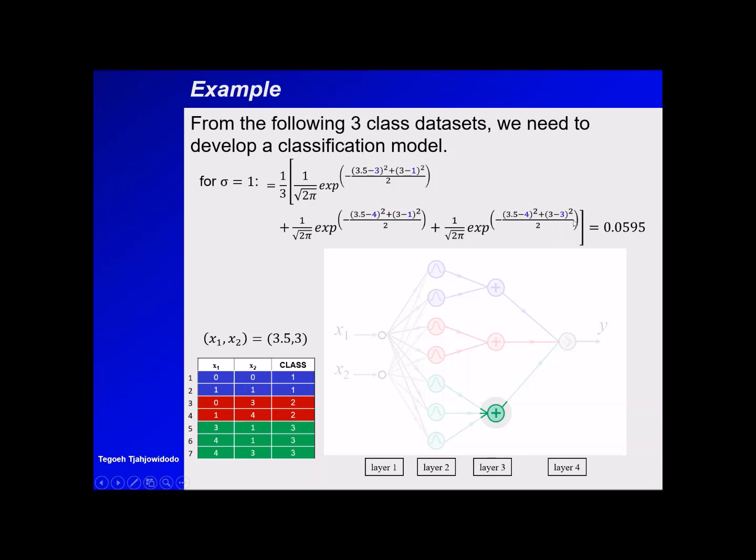The last one is 4 and 3 coming from the last data set. I sum them all and divide by 3 because I have 3 samples that belong to class 3, and then I get 5.95% probability. This seems to be the largest among these 3 outputs. So from here I can conclude that this is the winner. This new individual 3.5 and 3 belongs to class 3.